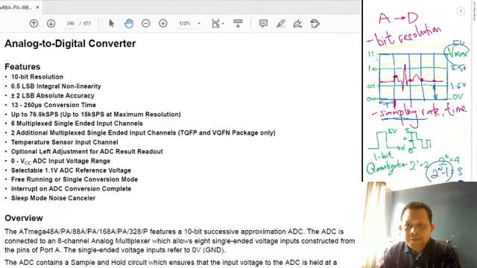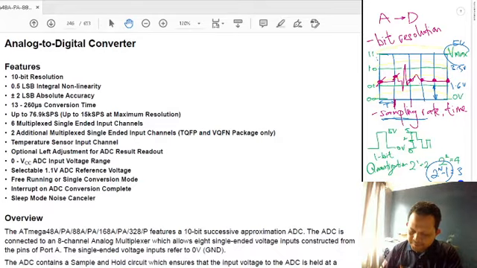So now you can see I have, starting from the beginning, 1, 2, 3, 4, 5, 6 points.